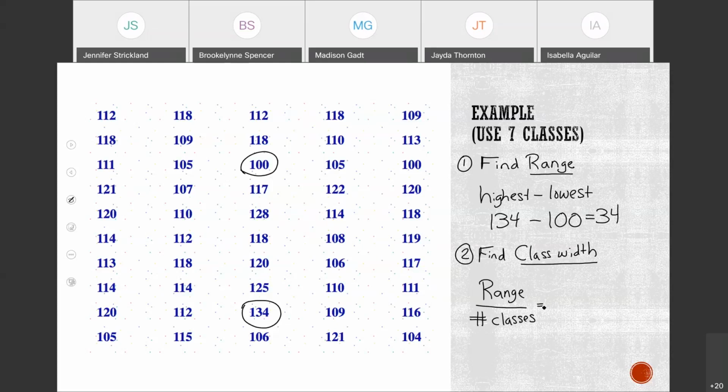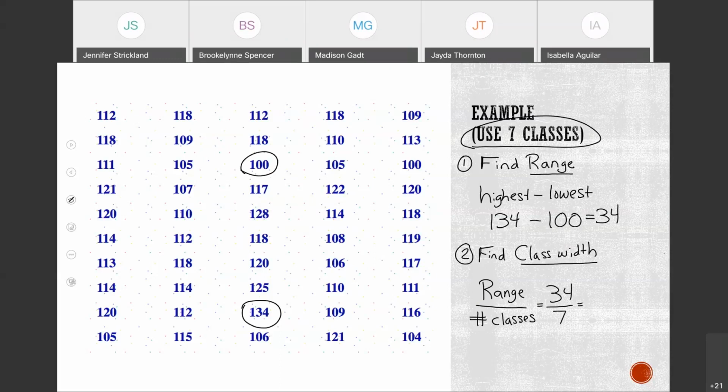All right, so my range is 34. They should tell you the number of classes. I put it right up here, but wherever you're at in the problem, you shouldn't have to decide how many classes. They should be telling you. So 7 classes for this, it might be 50 for the number of classes, it's going to be whatever they tell you.